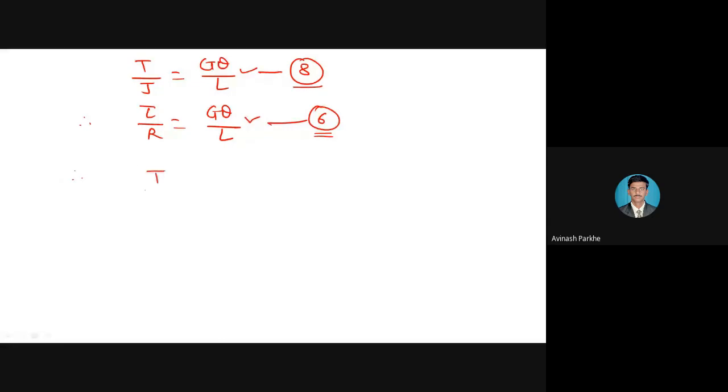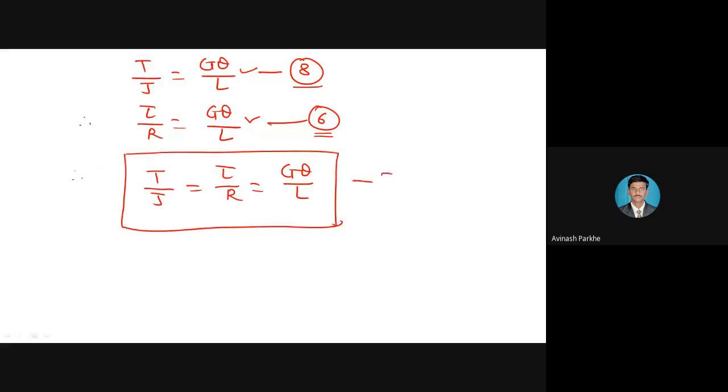Therefore, you will get the equation T upon J is equal to tau upon R is equal to G theta by L, and this represents your torsion formula. What I have done is compare equation number 6 and equation number 8 to each other.